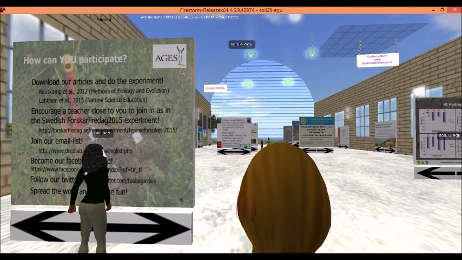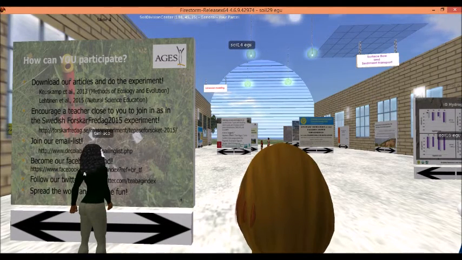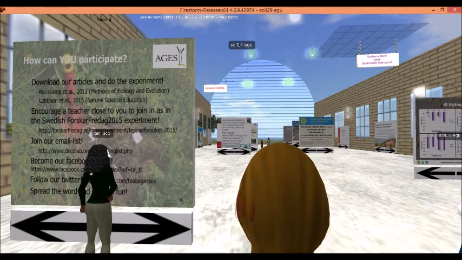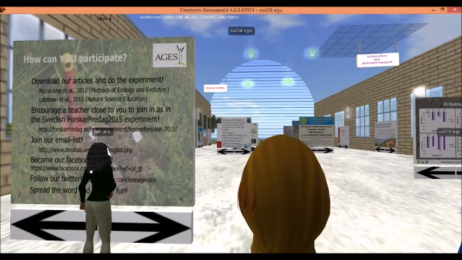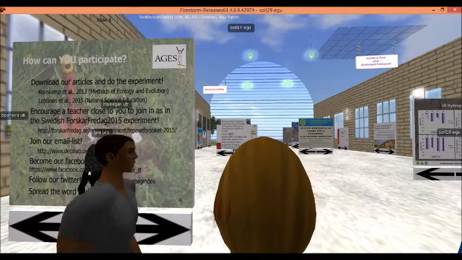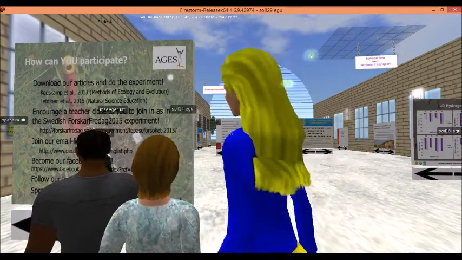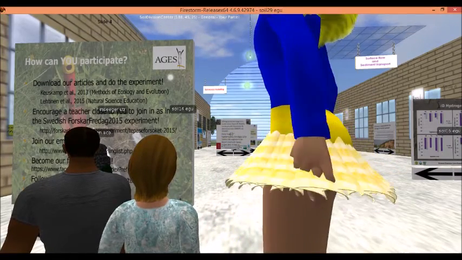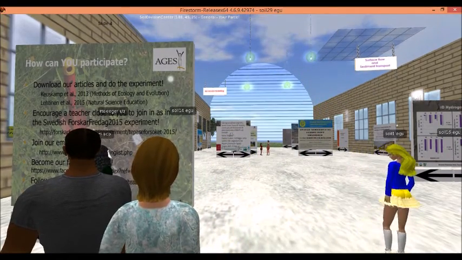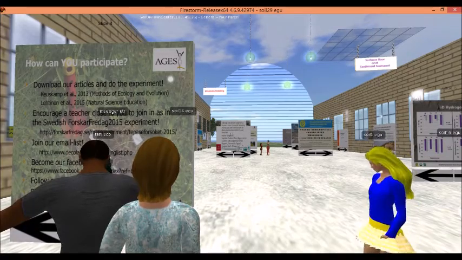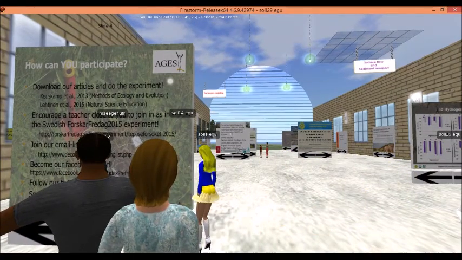We have one article in Methods in Ecology and Evolution, which explains the method. And we also have this lesson plan for natural science, explaining step by step the background and the procedure of the method in class.